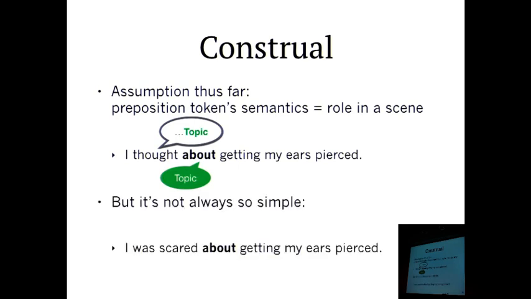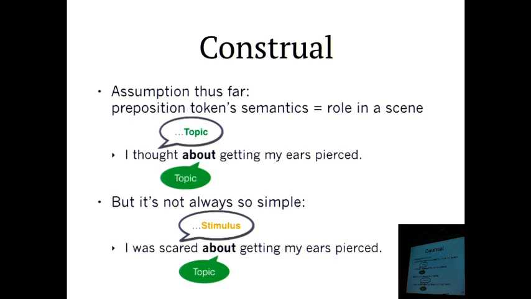So we had verbs of emotion, which we would normally think of as having an experiencer and a stimulus role. But they can also be used with about. So the way we think about this now is that there's a compatible but not quite identical semantics to these two words. We say that scared sort of suggests a stimulus, but about suggests a topic still.